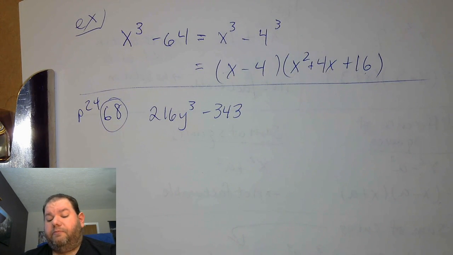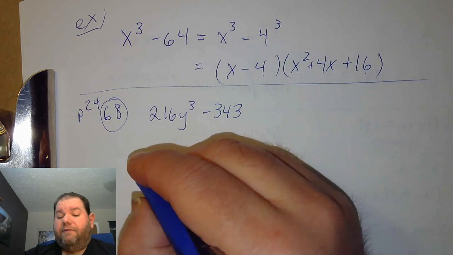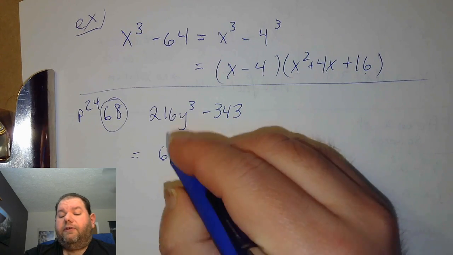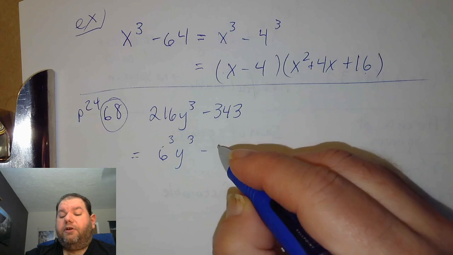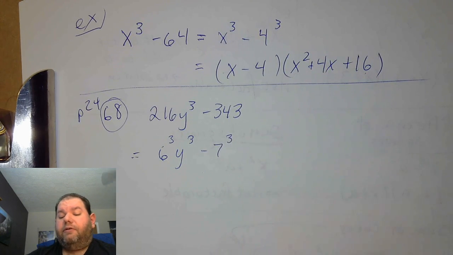Now, probably you don't recognize 216 or 343 as being perfect cubes, but it turns out they are. Like I said, it's okay if you don't recognize it. 216 is 6 to the third, and 343 is 7 to the third.